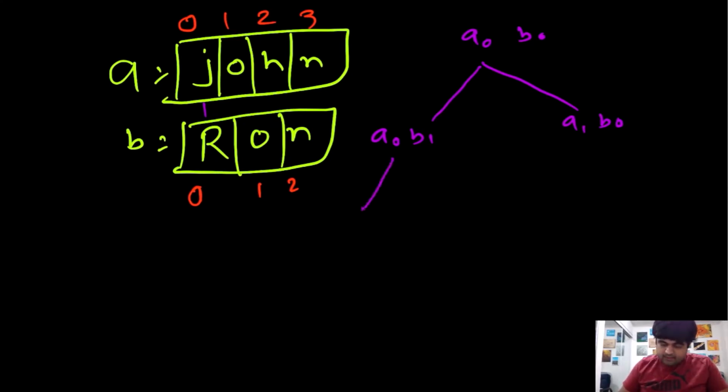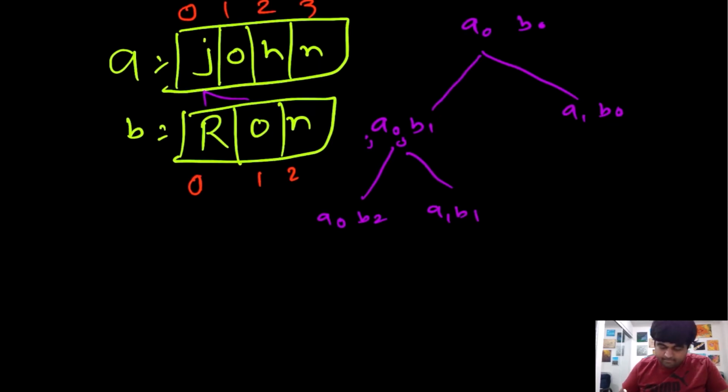So again, over here, what are the values? It's J and O. J and O, there is no match. So again we have two possibilities. We can either do A of 0 and B of 2, or we can do A of 1 and B of 1. So A of 0 and B of 2, again we found the values J and N, there is no match, so we move on.